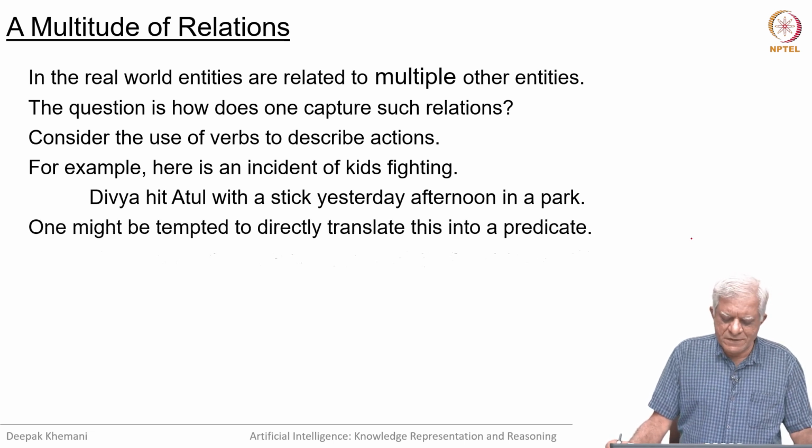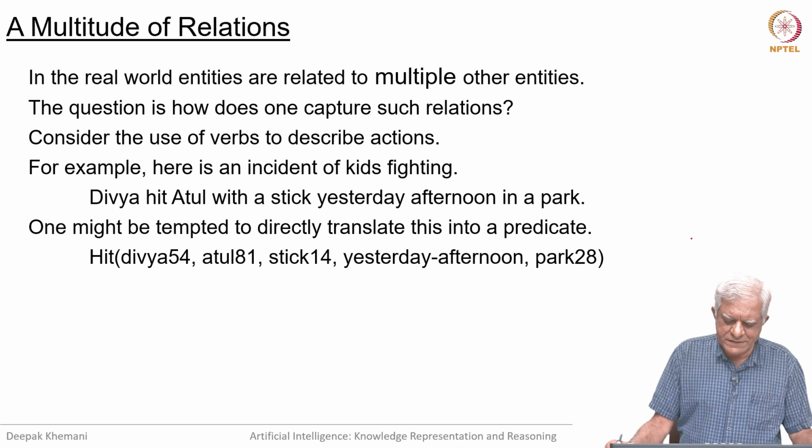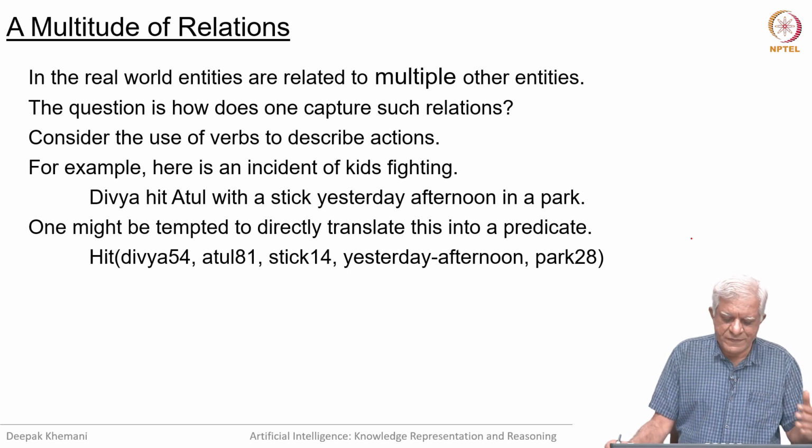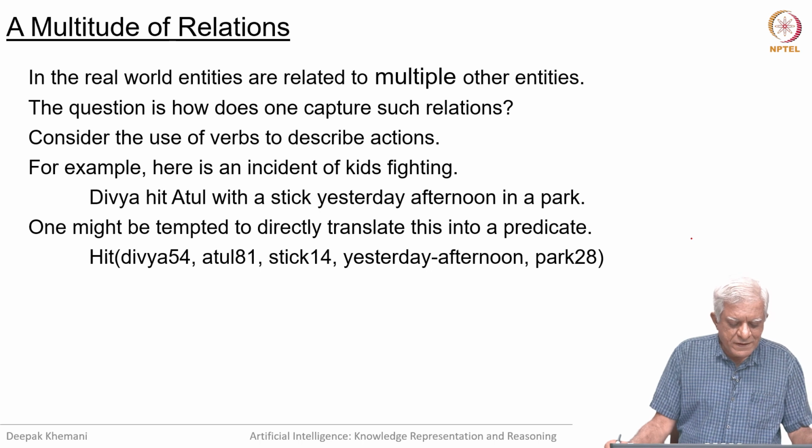One might be tempted to simply invent predicate names as and when we come across such sentences. So, you might say, for example, that the predicate is hit and its arguments are Divya. Remember, we are using specific names to distinguish between the various Divyas that might be there in the domain.